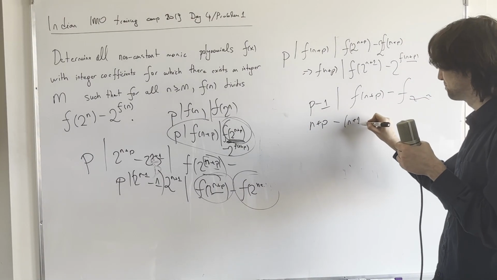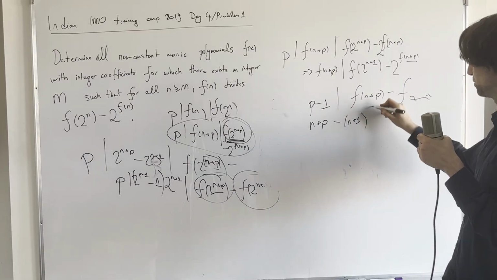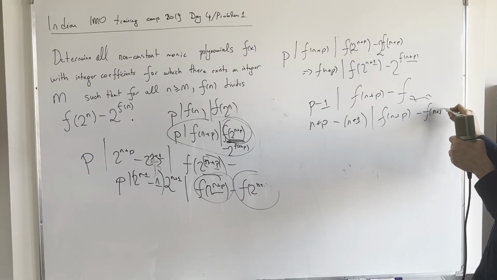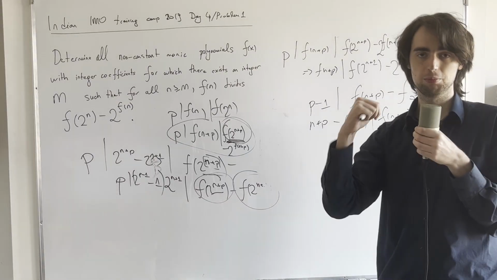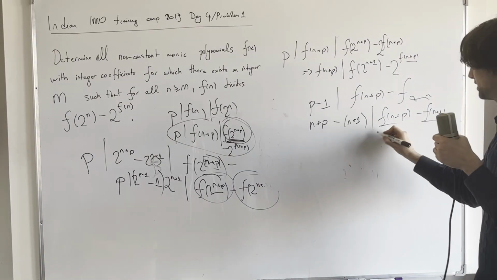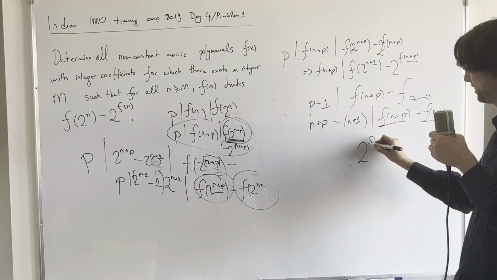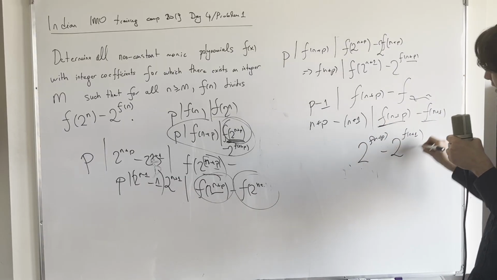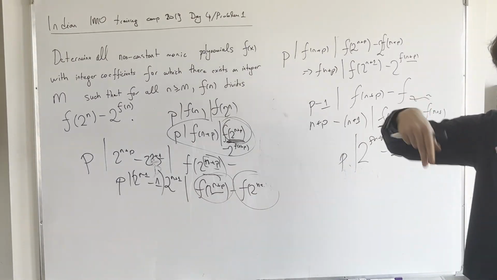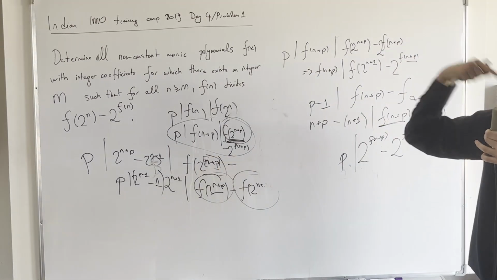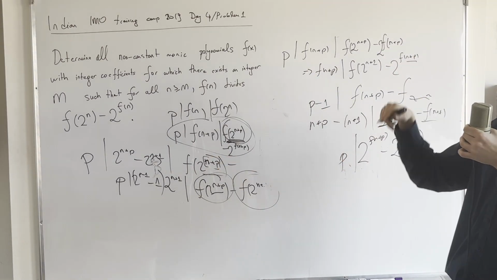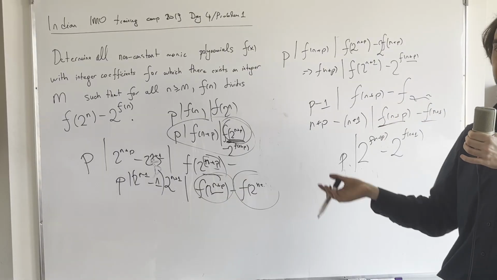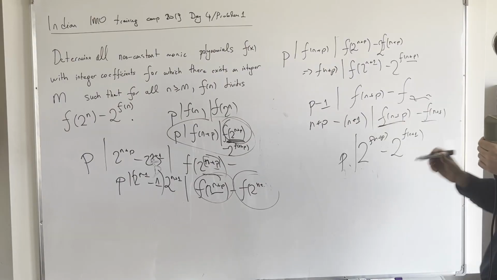Well, minus n plus 1 is going to give me p minus 1 divides f of n plus p minus f of n plus 1, which means these two things are congruent modulo p minus 1, which means 2 to that thing, n plus p, minus 2 to the f of n plus 1 is divisible by p, because the order of p, or the period of 2 to the x modulo p, is definitely going to be p minus 1, or a divisor of p minus 1.